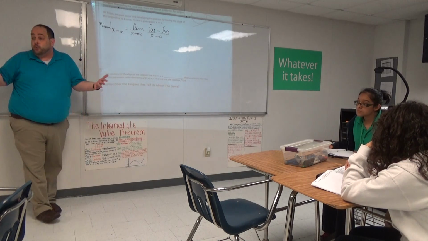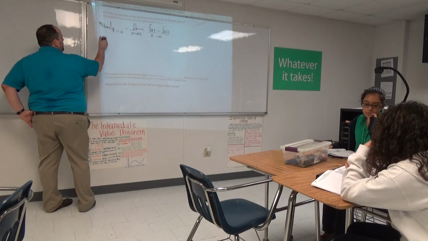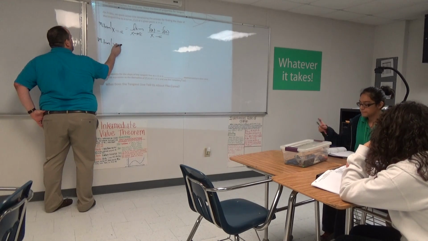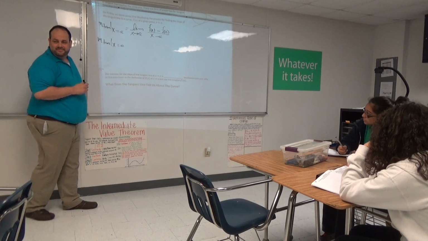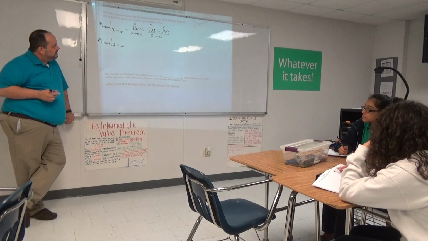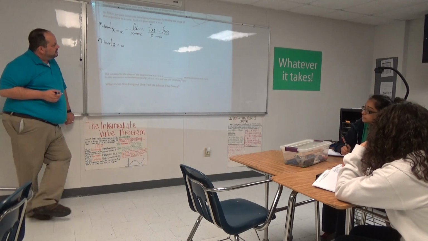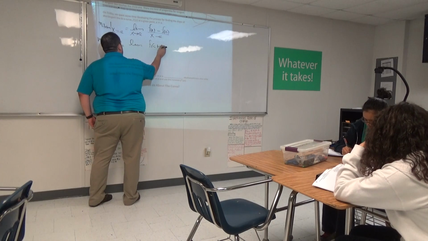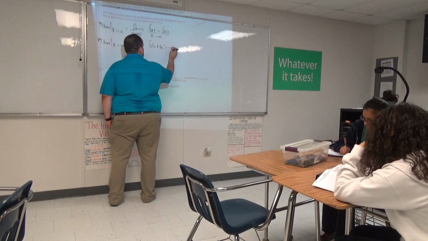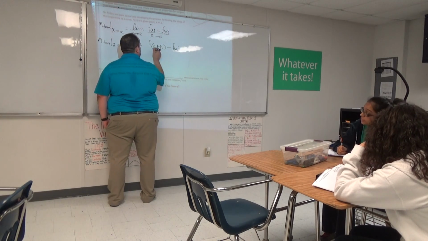And then we get this new one. The slope of the tangent at x equals a equals the limit as h approaches 0 of f of a plus h minus f of a, over h.